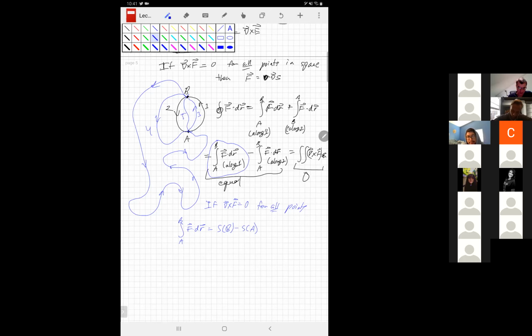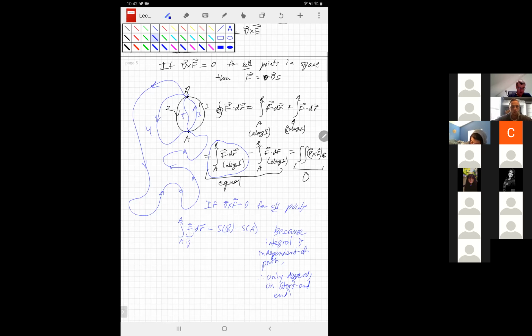It only depends on the start and end points. So that's really the only form that it can have, the difference between values at the start and end.